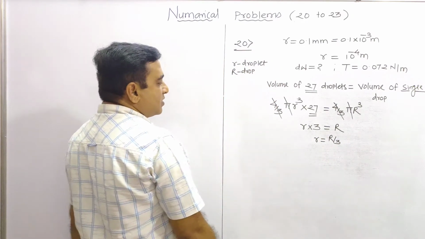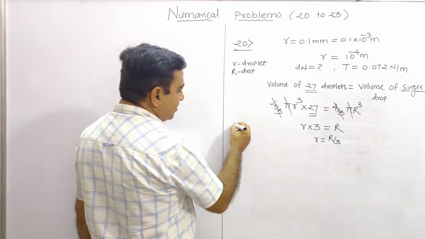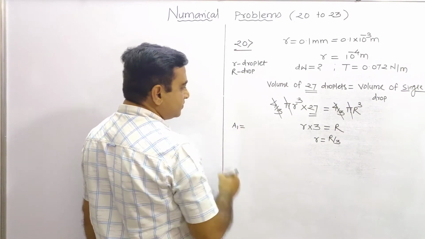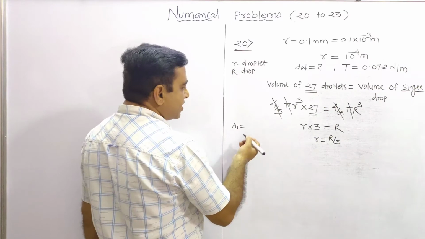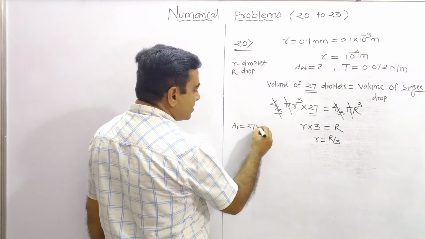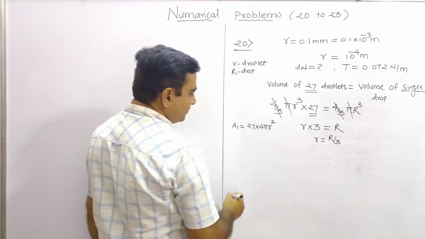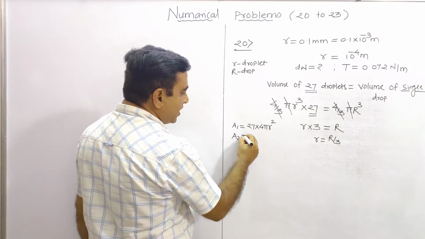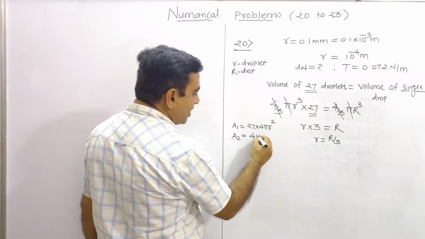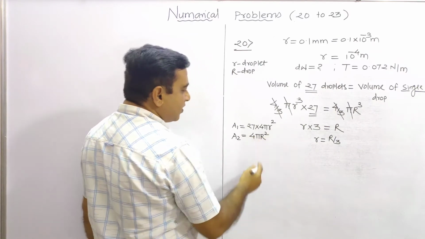As we need to consider the areas, the area of the first, that is 27 droplets, is 27 into 4 pi small r square, and the area of the second is just 4 pi R square. It is a single drop but with the big radius.